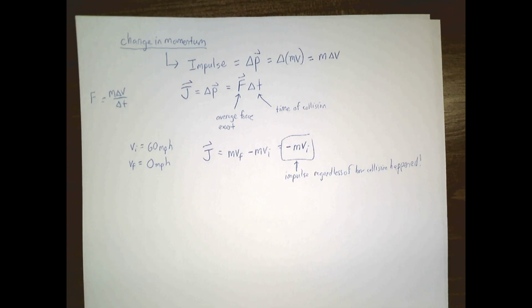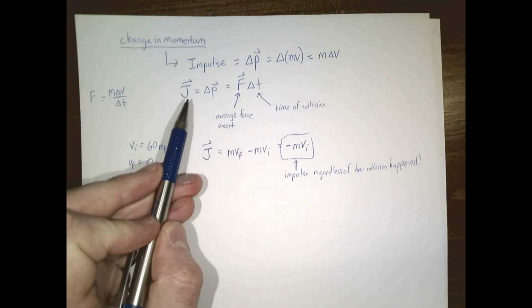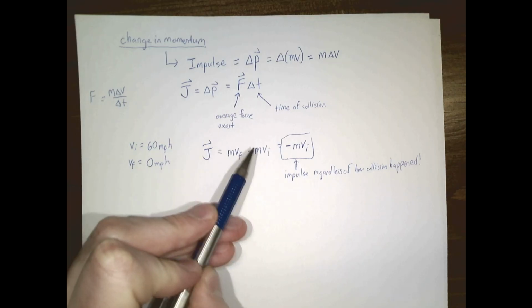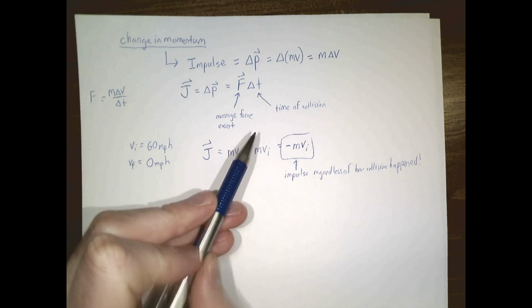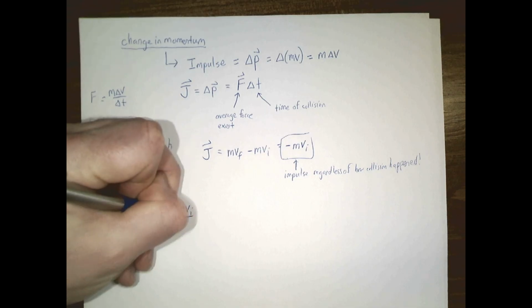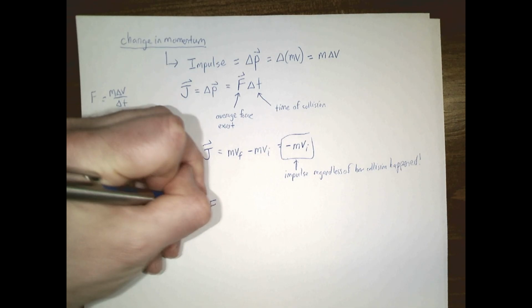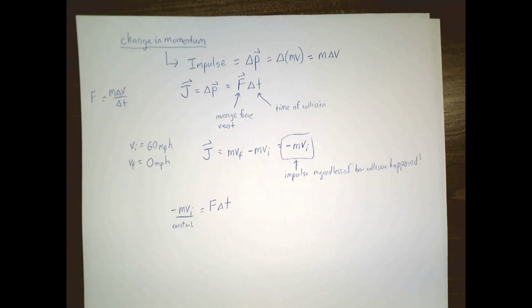And the way we can do that is by looking at this second definition here. We've already used this first one. Impulse is the change in momentum, gets us this negative m v i. But that same m v i, this is a constant now, is equal to the force times time.